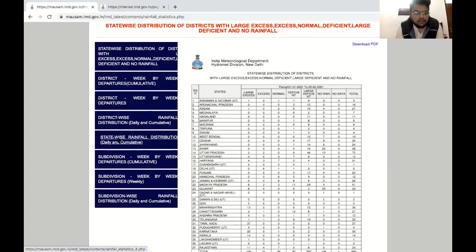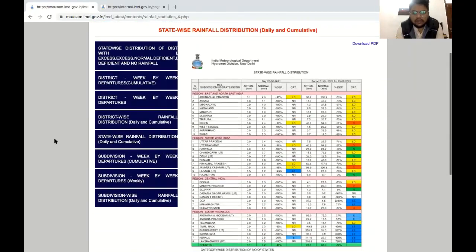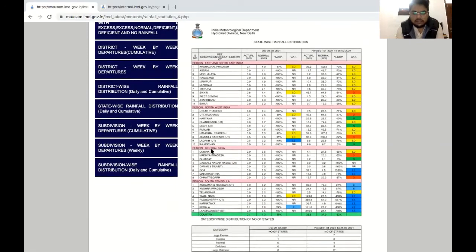Now, if we go into state-wise rainfall distribution, these are again a list of states divided region-wise, and here you get absolute rainfall. The first column shows you what amount of actual rainfall has happened.